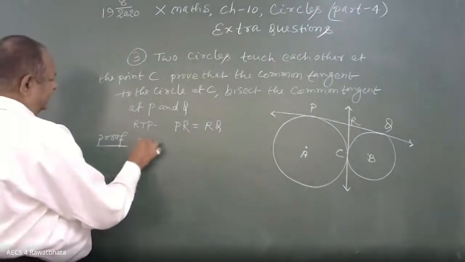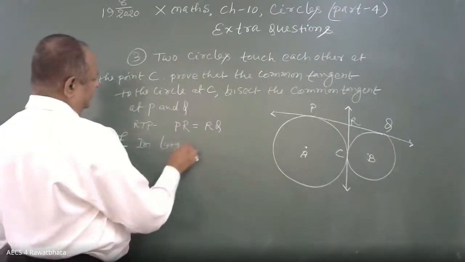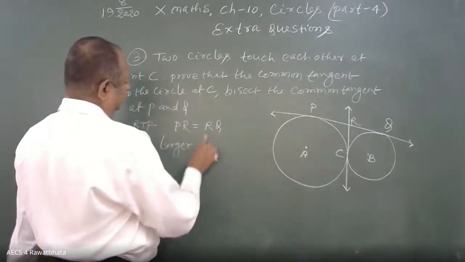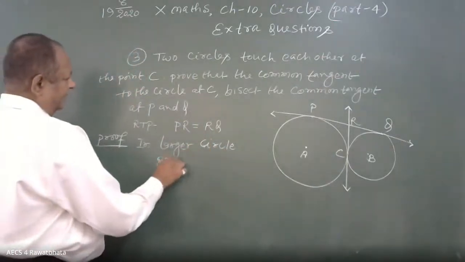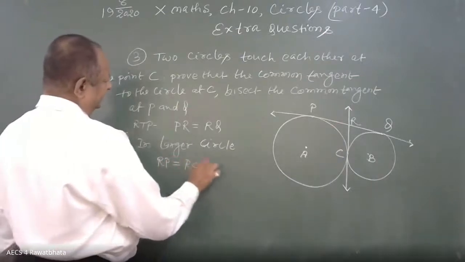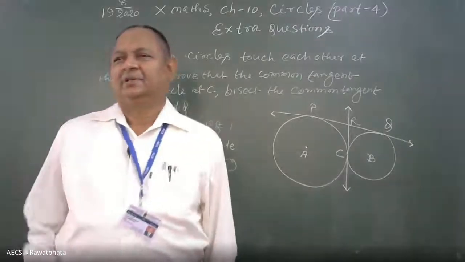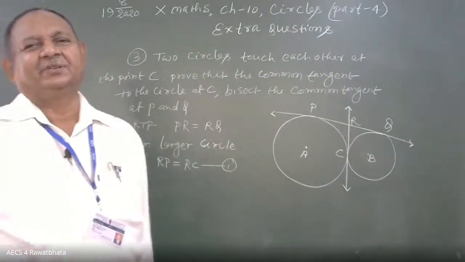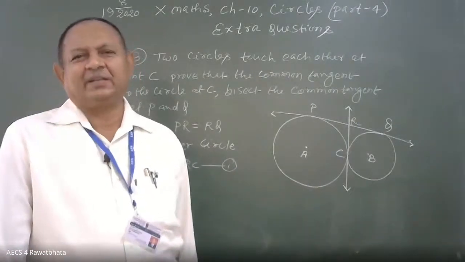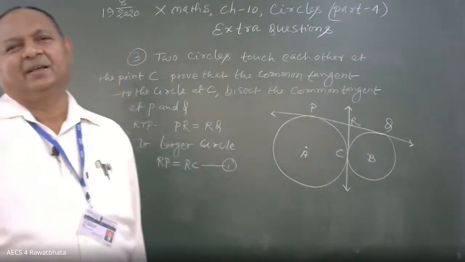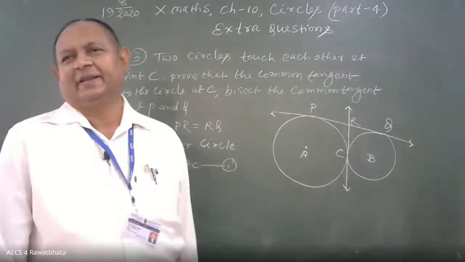The reason is the same: the lengths of two tangents drawn from a point outside the circle, that is from an external point, are equal in length.